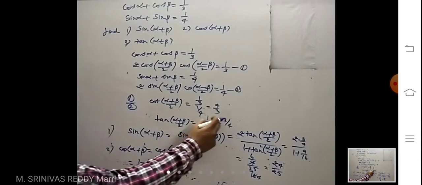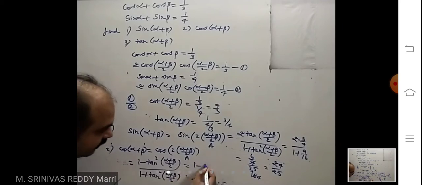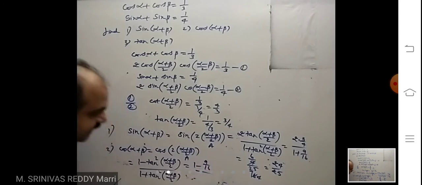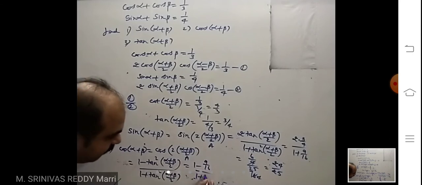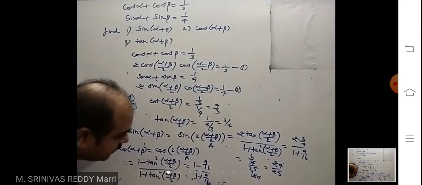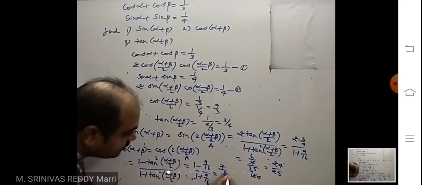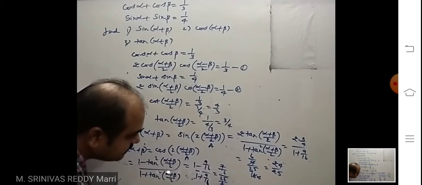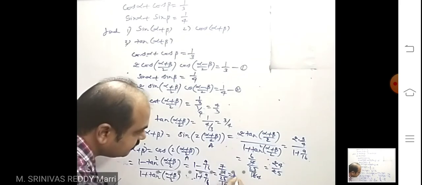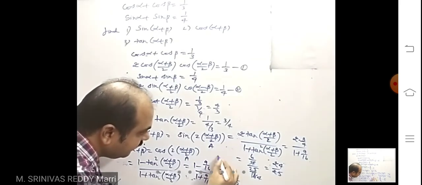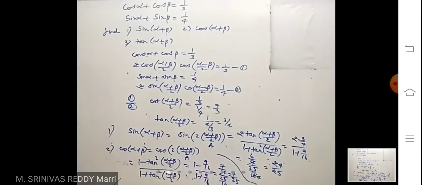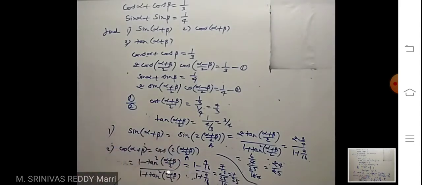Now tan of (alpha plus beta) by 2 is 3 by 4, and 3 by 4 whole square is 9 by 16. So 1 minus 9 by 16 divided by 1 plus 9 by 16. If you take the LCM, you will get 7 by 16 divided by 25 by 16. That means you will get 7 by 25, the value of cos of alpha plus beta.